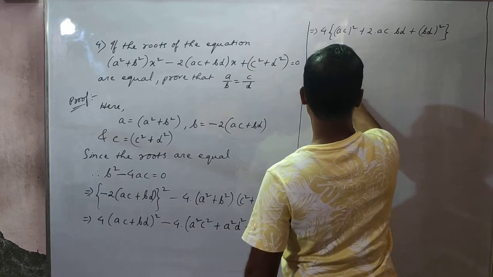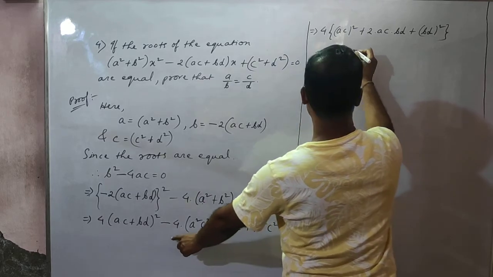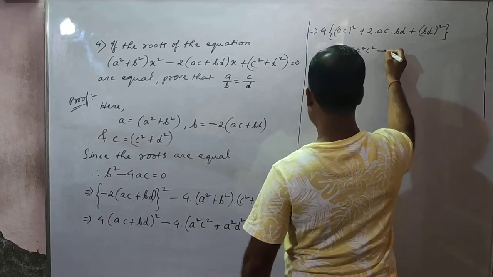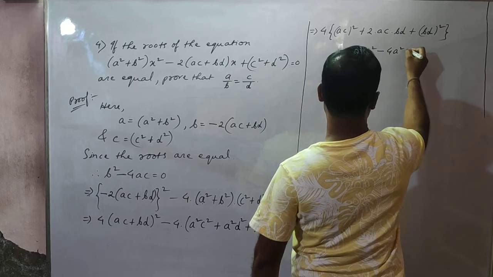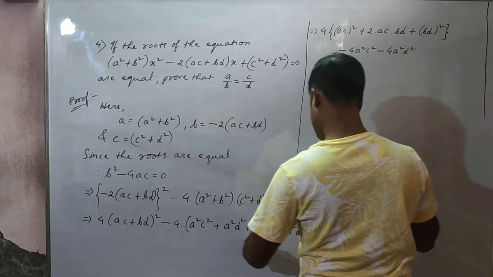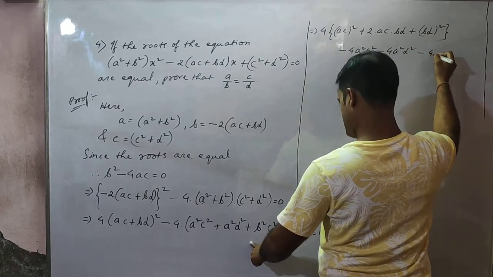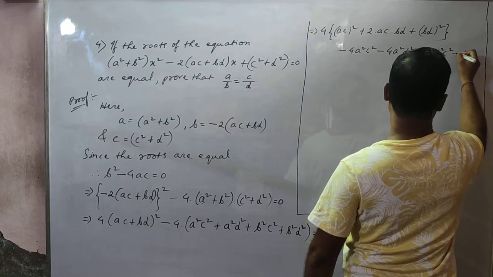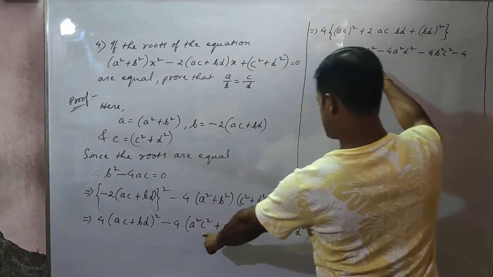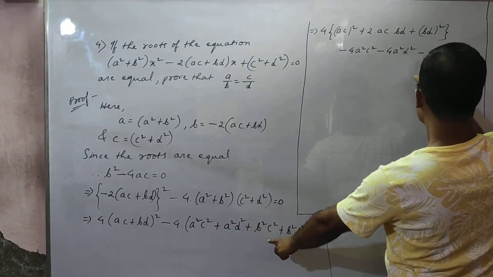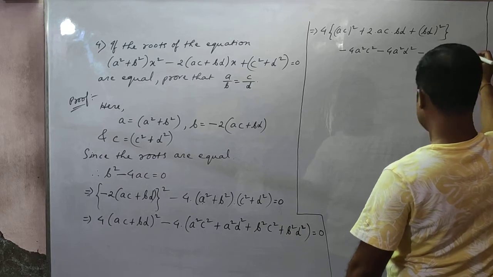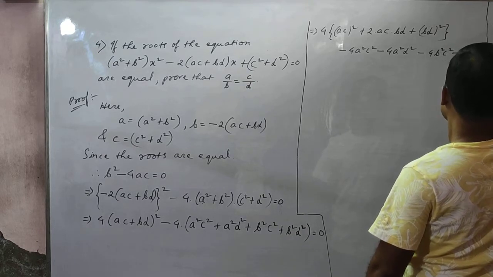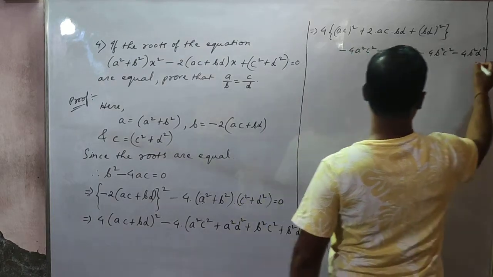So if I open this bracket now, minus 4 a square c square, minus 4 a square d square, minus 4 b square c square, minus 4 b square d square. Okay, so equal to 0.